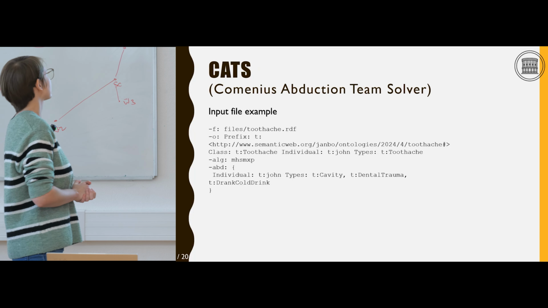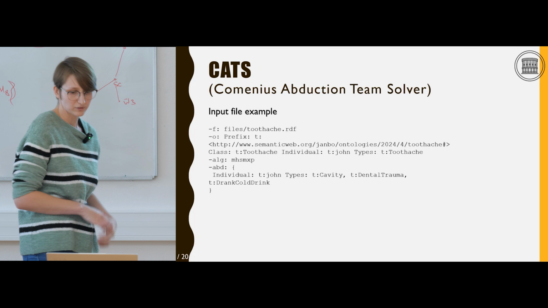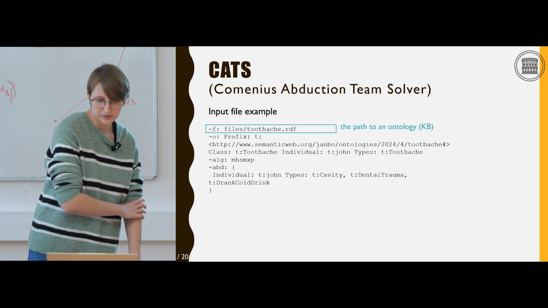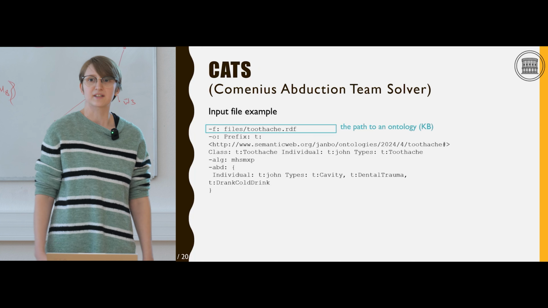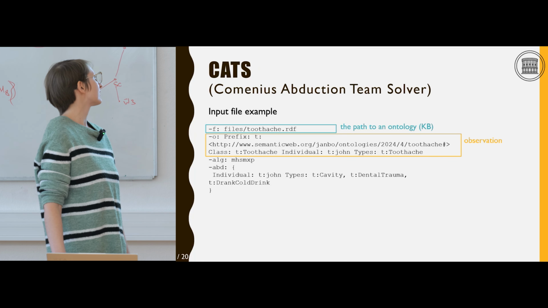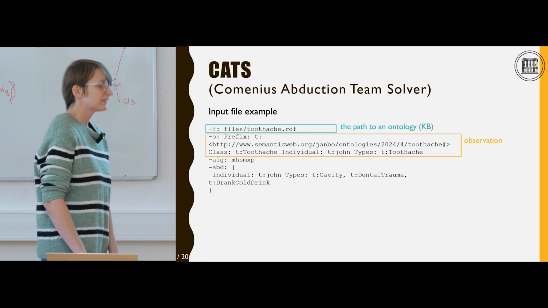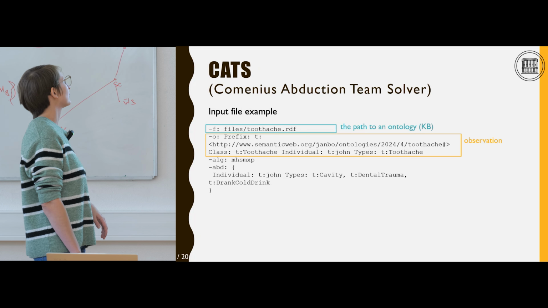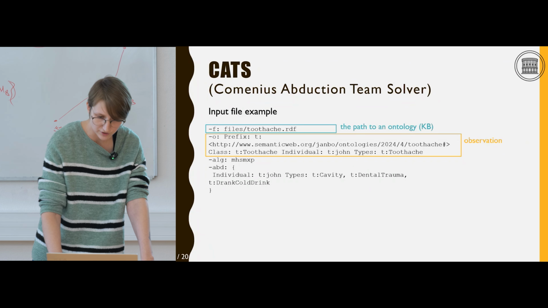So here is an example of an input file for that solver. It consists of an ontology, which represents our knowledge base, then an observation. It also needs to specify what algorithm to use to compute explanations.